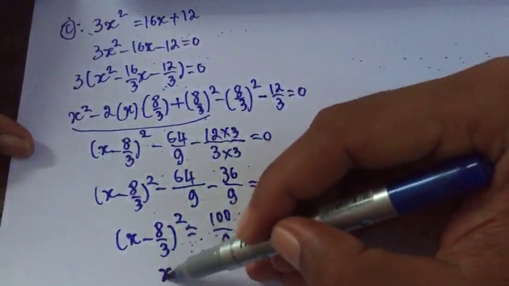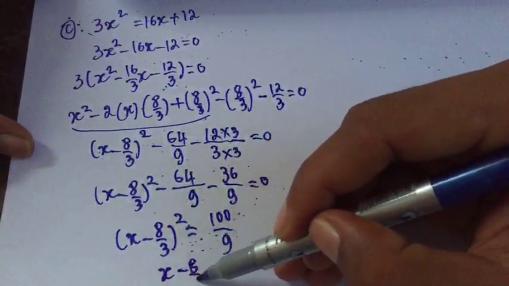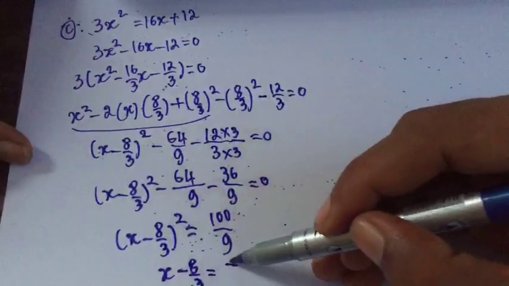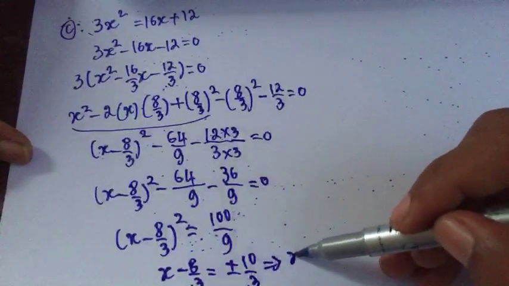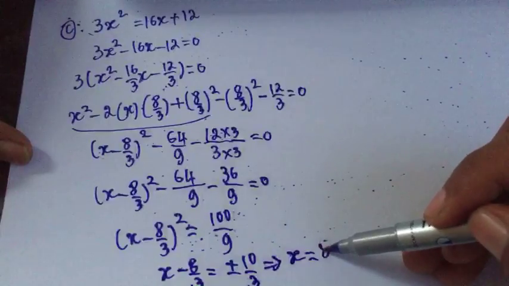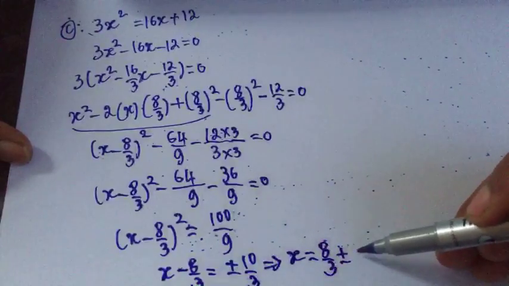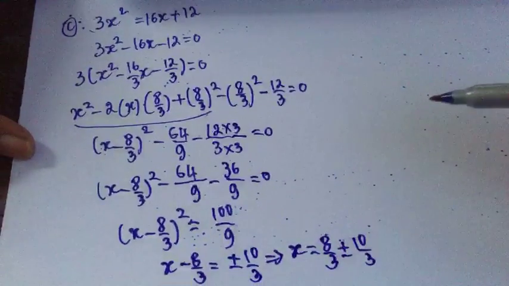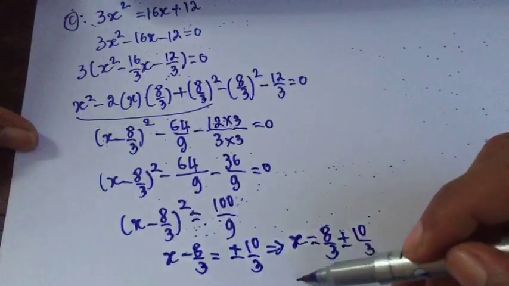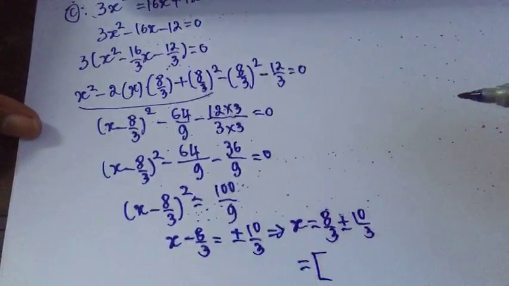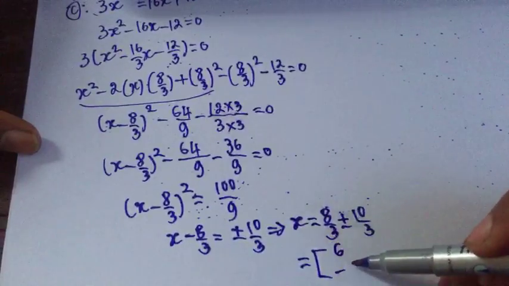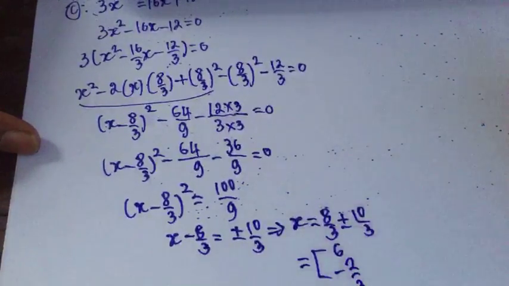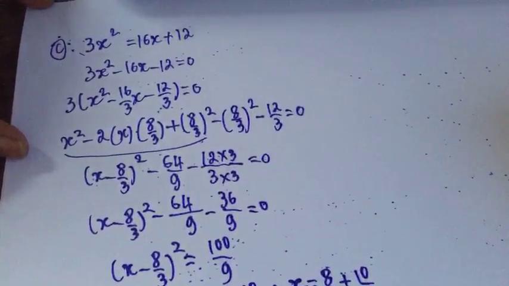And then x minus 8 over 3 equal to plus or minus 10 divided by 3. Then x equal to 8 divided by 3 plus or minus 10 divided by 3. Okay, so we have two values: 6 and minus 2 divided by 3.